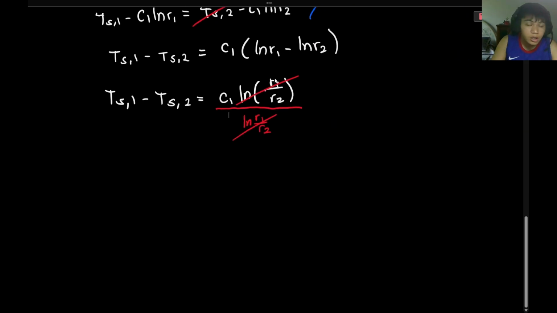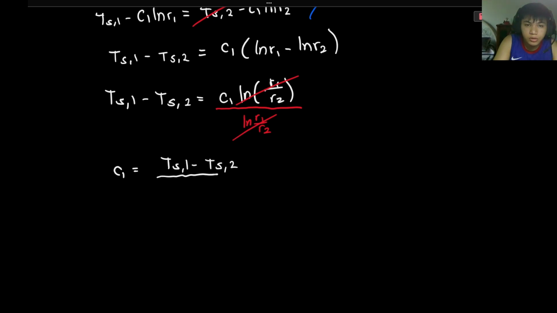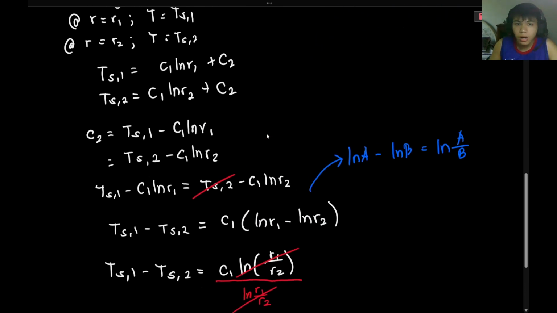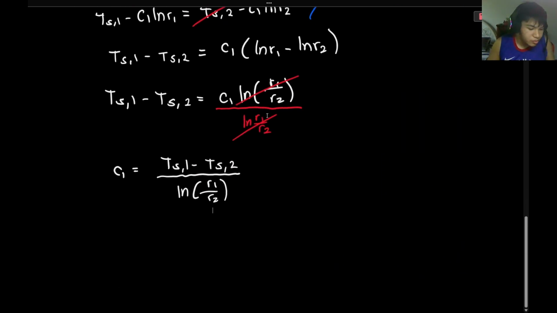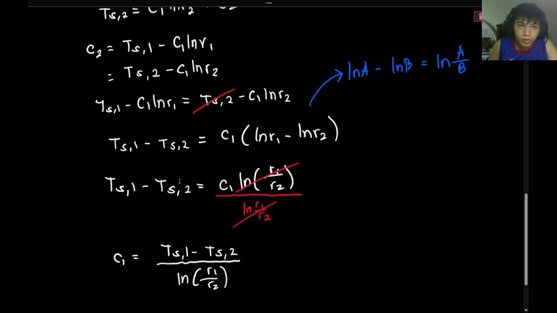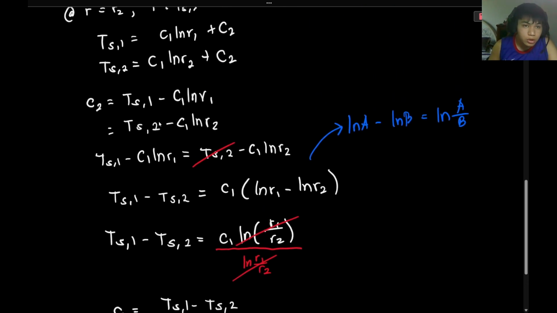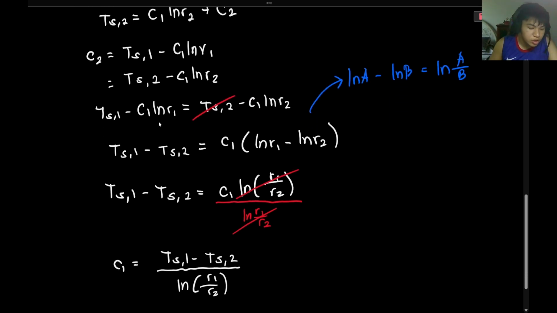Therefore, ang ating C1 is going to be equal to TS1 minus TS2 over yung ating ln of R1 over R2. Yun, right? So it's been coming along so far. And now we will use this. So we have C1 and we have C2, right? We have C1 and C2.